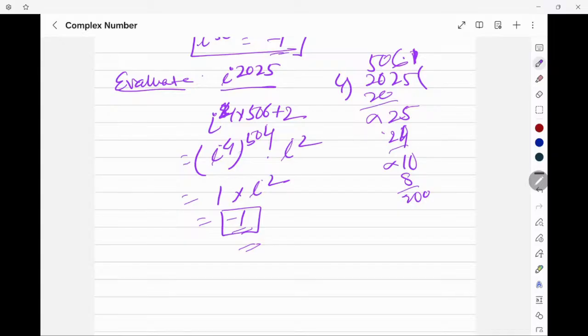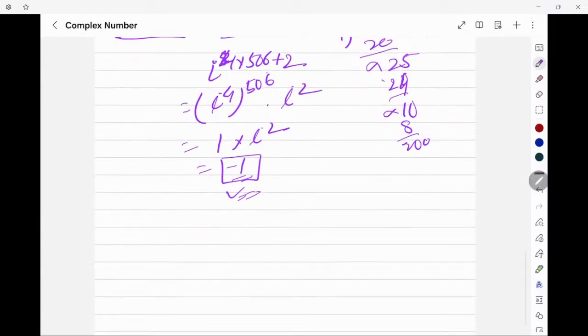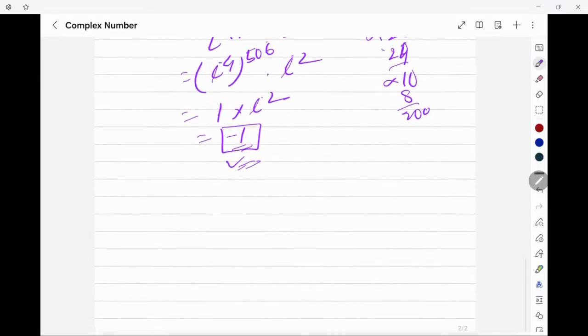So i to the power 4, whole to the power 506, times i. Okay, so i squared is equal to minus 1, and minus 1 times minus 1 is 1. This is our solution.